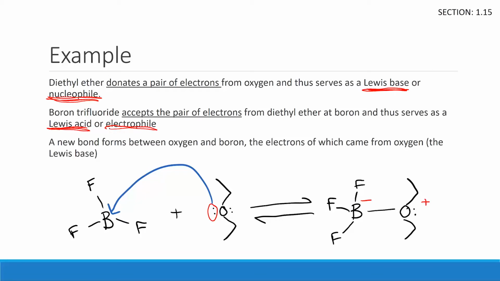Electrophile, remember, that means you like electrons. So if you are accepting the electrons, you like the electrons, you want the electrons. So you're the electrophile. The acid accepts and is the electrophile. And during this process, we had a new bond formation between the oxygen and the boron, where the electrons, again, came from the oxygen, which was the base, to go to the boron, which was the acid.